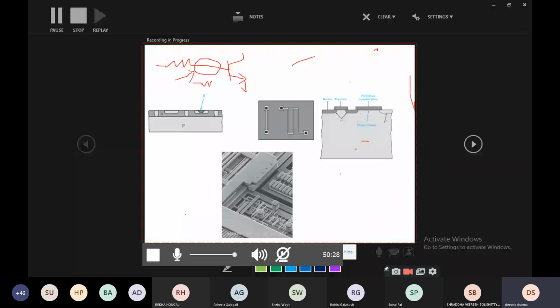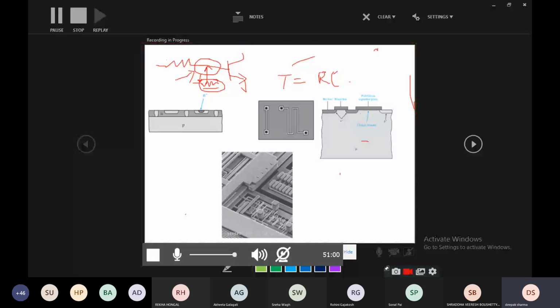So this part of the interconnect wire also has some resistance because it is not a superconductor. This resistance of the internal wire will cause some delay. We call that delay the time constant T, which is nothing but the product of R into C.